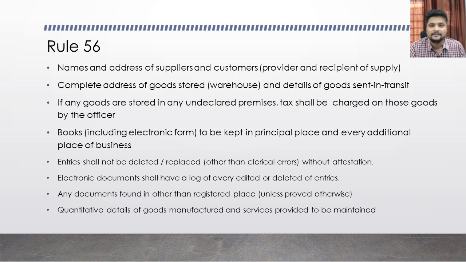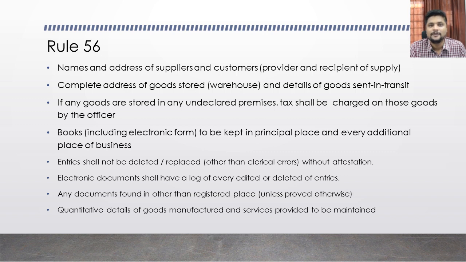Next part is any books to be kept in the principal place as well as every additional place of business, as relevant to those places, has to be maintained. For example, the total documents or books of the enterprise has to be maintained in the principal place of business.